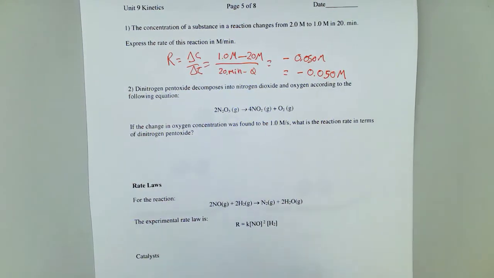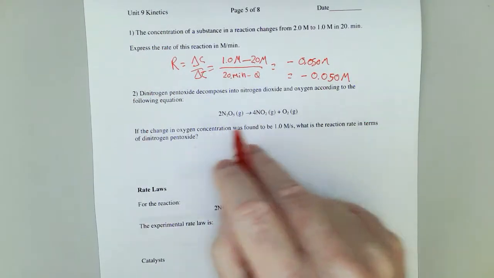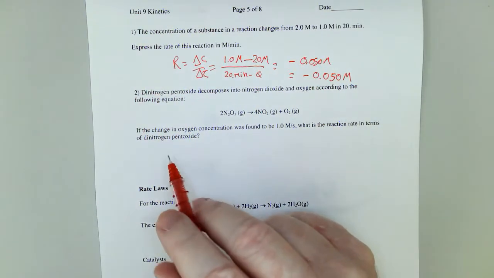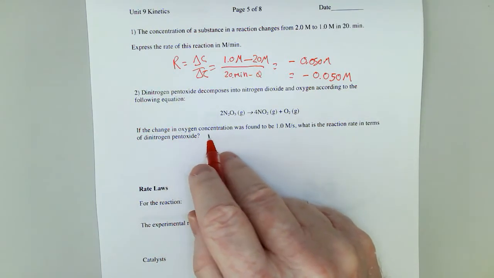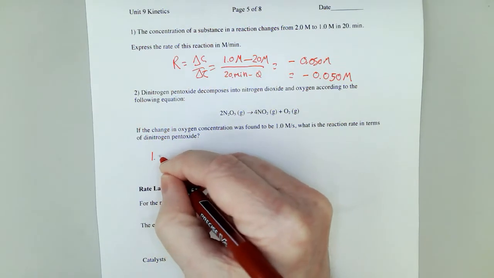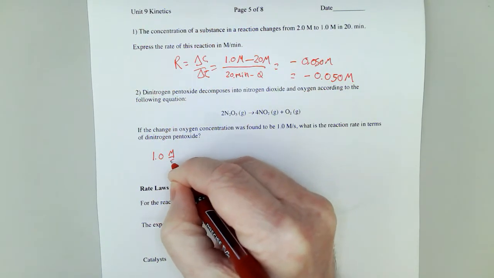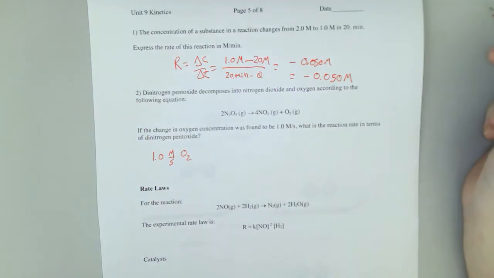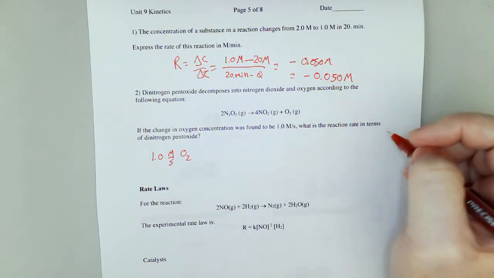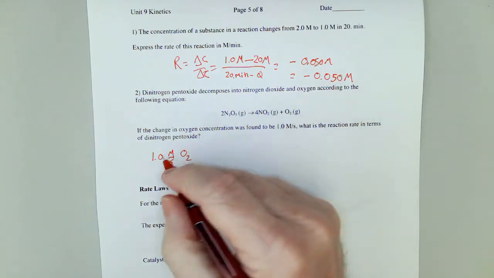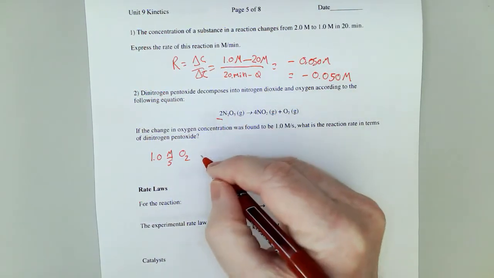Now, for the next one here, let's compare a couple of rates, okay? So we're starting out. If the change in the oxygen concentration is 1.0 molar per second for O2, because it's the oxygen concentration, what is the reaction rate in terms of dinitrogen pentoxide, which is right here?